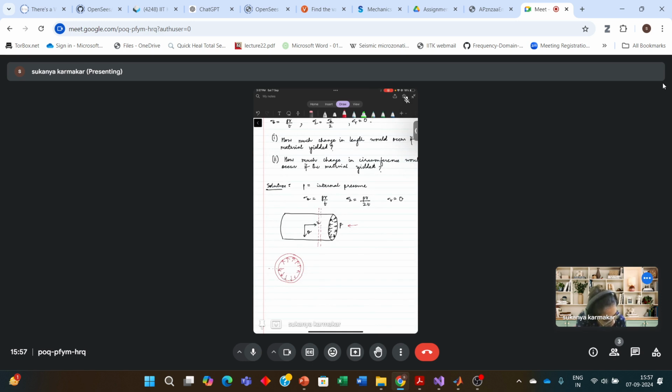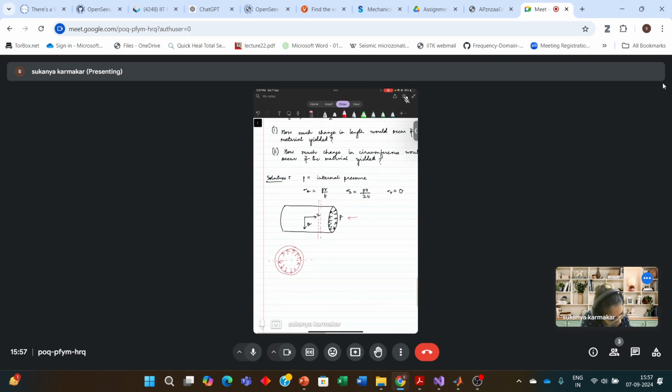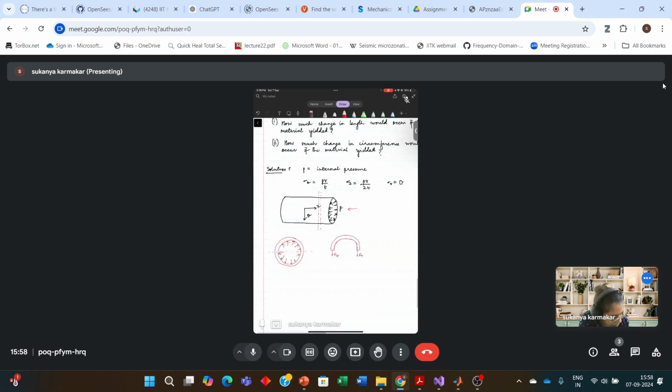If I cut it like this, there will be some tangential force F in this direction, and let's say the radius is r.